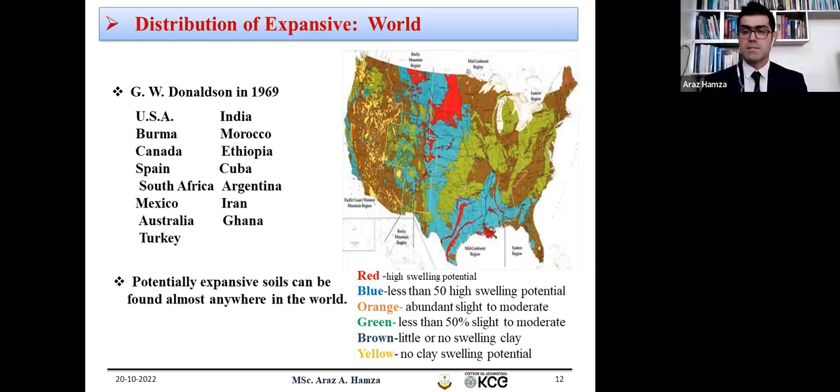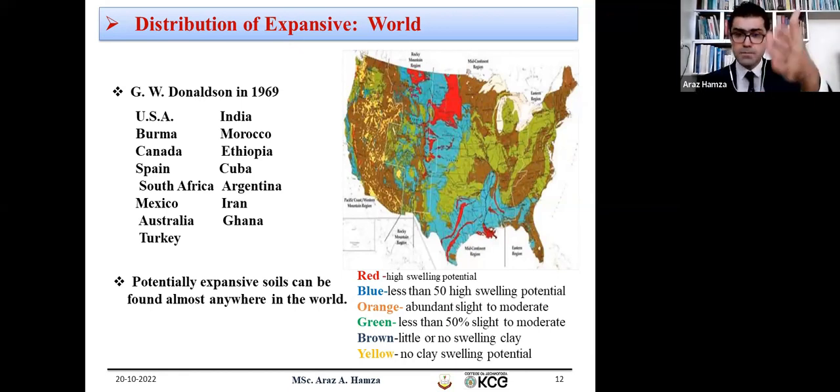Please do this, because it is very important for your construction industry to have a specific map that shows the different locations in your country where there is a tendency of expansive soil. The only countries that showed their data are the USA, Burma, Canada, Spain, South Africa, Mexico, Israel, Turkey, and some other Middle East countries, Iran, Ghana, Argentina, Cuba, Ethiopia, Morocco, and India.